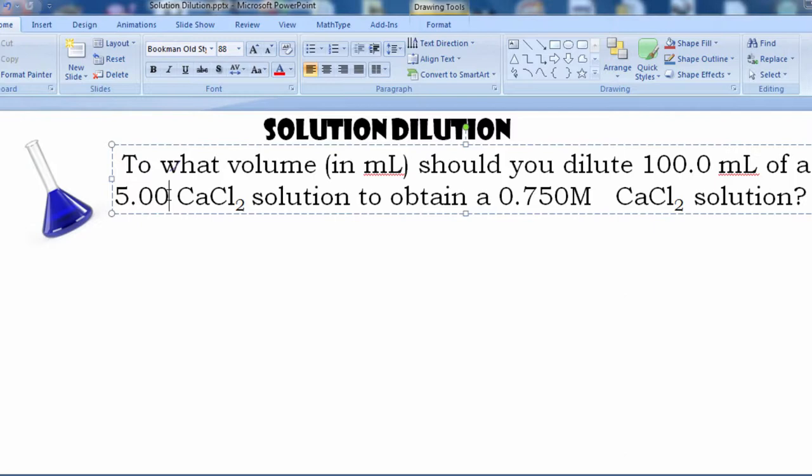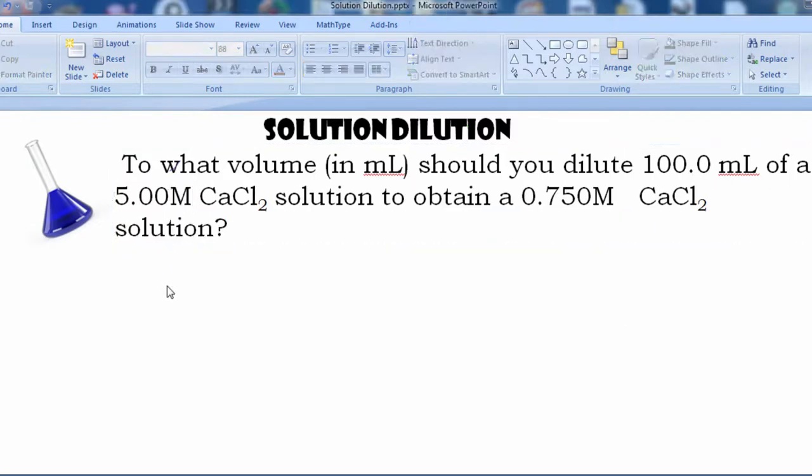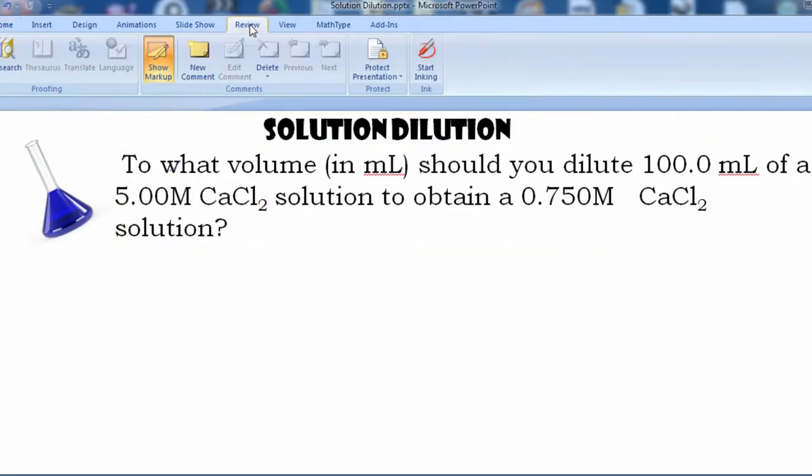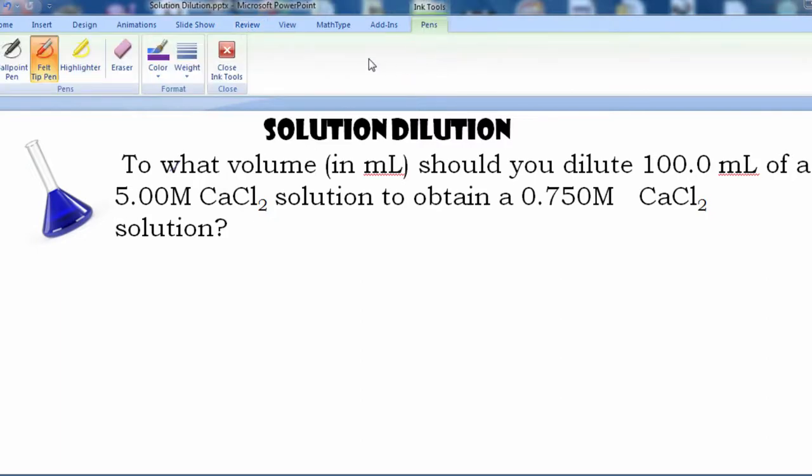So let's write our equation out, where molarity of the concentrate times the volume of the concentrate is equal to the molarity of the dilute times the volume of the dilute.